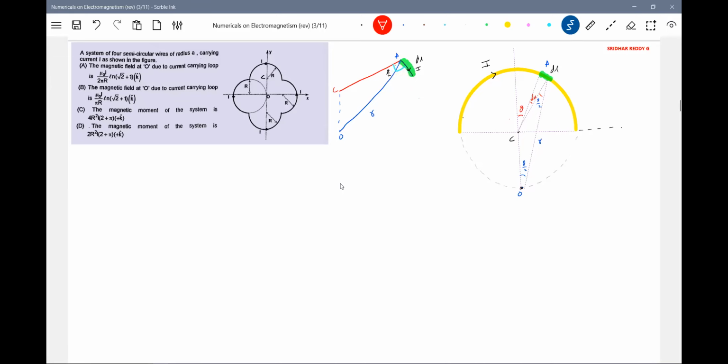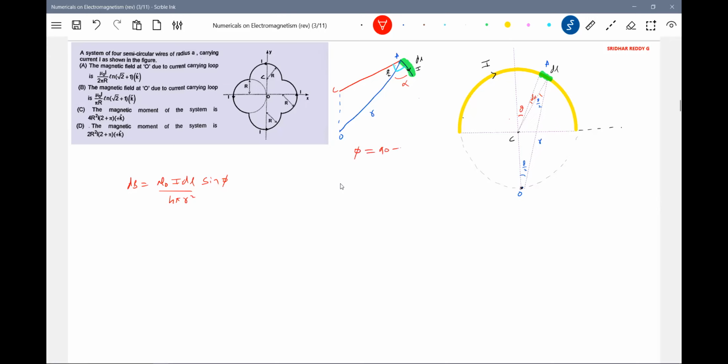In the Biot-Savart law, we will write the angle as phi or alpha, anything. So what is the formula? dB is equal to mu naught I dl over 4 pi r squared, times sine phi. What is phi?